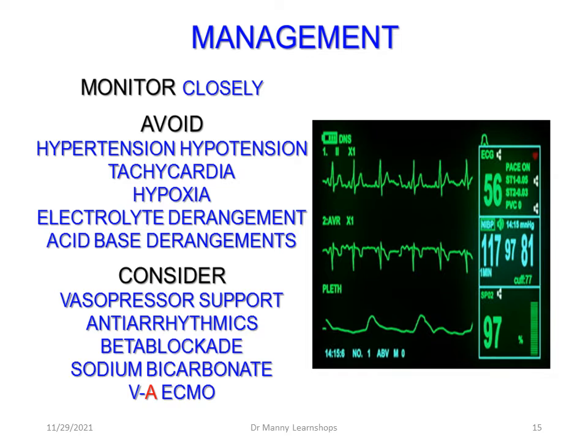Avoid tachycardia and bradycardia. Avoid hypoxemia, electrolyte and acid-base derangements, and consider vasopressor support, antiarrhythmics, beta blockade, even sodium bicarbonate in extreme situations, and consider a change from VV to VA ECMO.